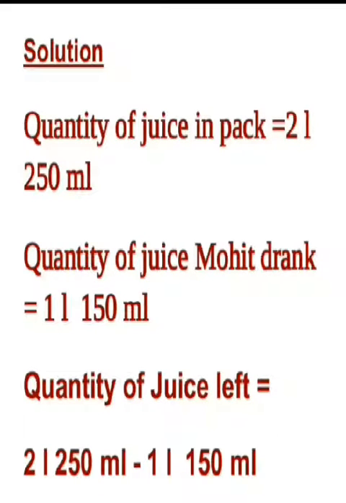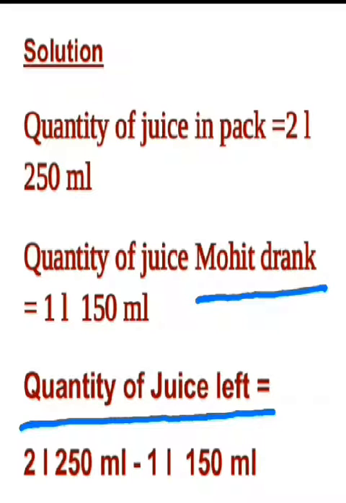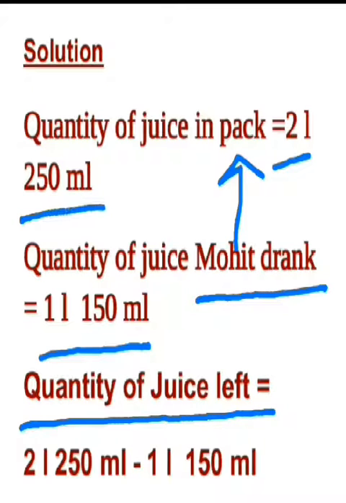Now children, in order to find out the quantity of juice left in the pack, we will simply subtract the juice that Mohit drank, that is 1 liter 150 milliliter, from the total quantity of juice, that is 2 liter 250 milliliter.